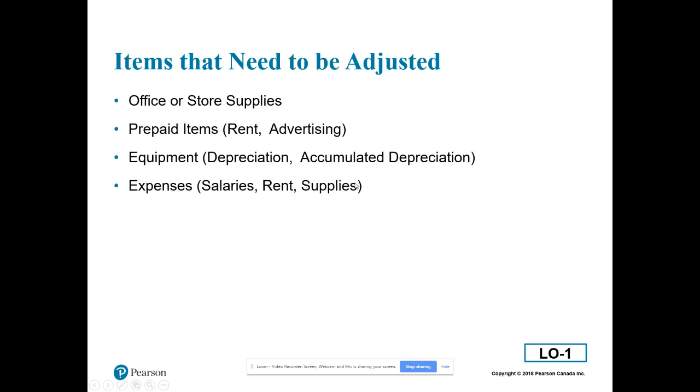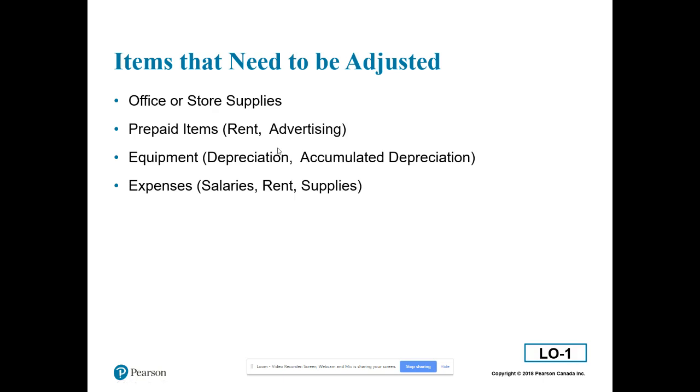Very often things that need to be adjusted are the store supplies. We also adjust prepaid items such as rent or advertising. We record depreciation. So if I buy a vehicle for the business, and that vehicle costs $30,000, I don't just say everything's an expense, because that vehicle will have a certain life.